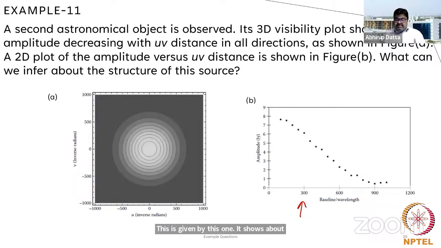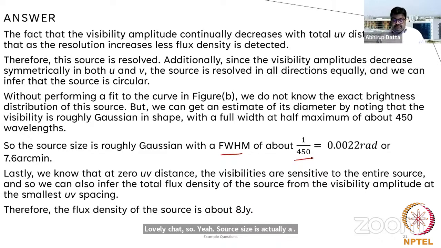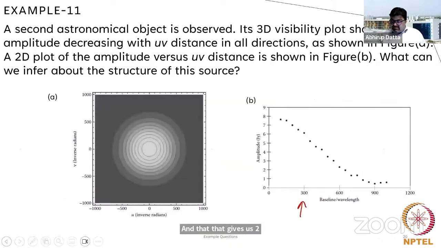So it's like an extended source, a Gaussian kind of source, with a Gaussian width of FWHM of 1/450, and that gives rise to 7.6 arc minute. How do we get this 450?